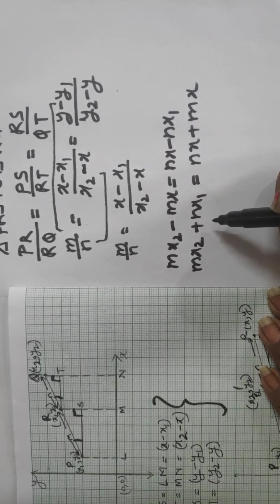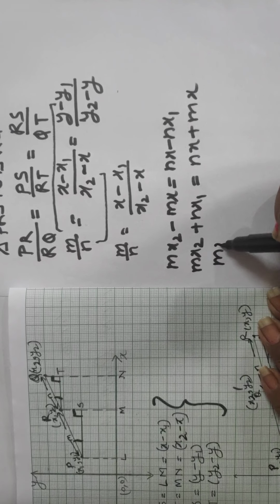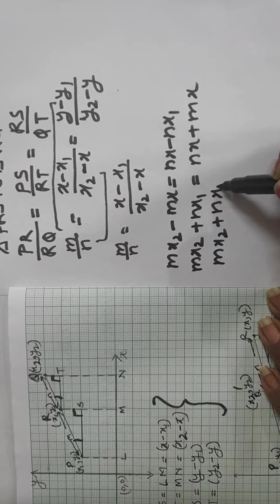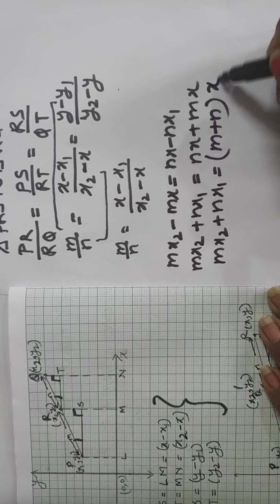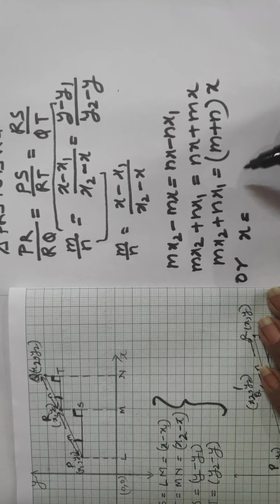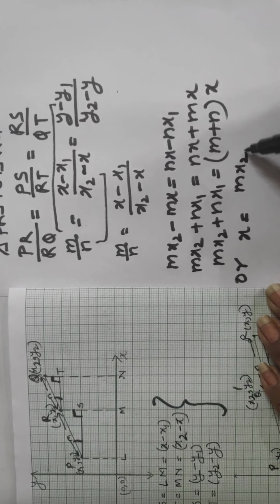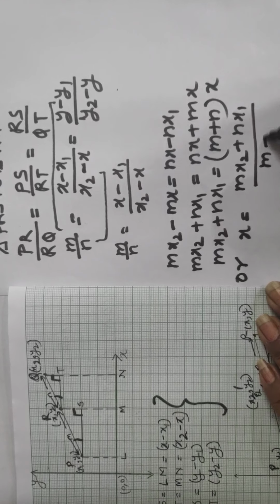We are taking x common here. So we have got mx2 plus nx1 is equal to m plus n times x, or we can say that x is equal to mx2 plus nx1 upon m plus n.